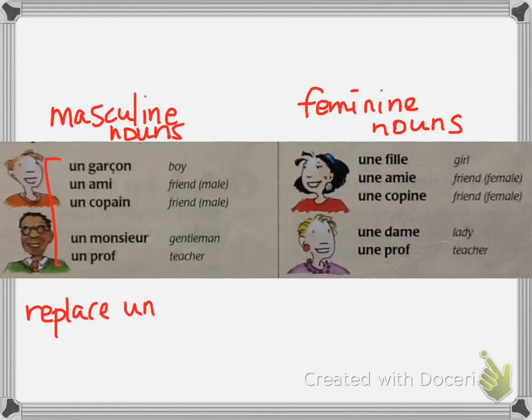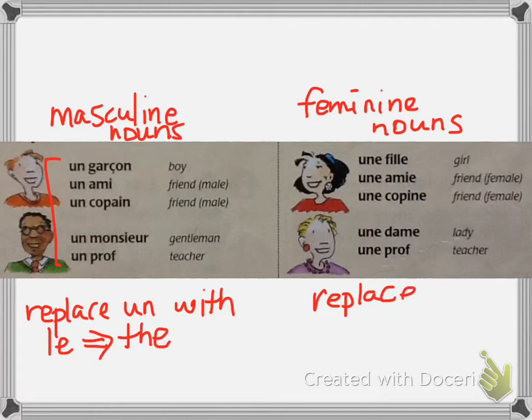If instead I want to say the, then I have to replace the un with le if I want to say the. So if I want to say the boy, it's going to be le garçon, l'ami, le copain, le monsieur, le prof. If I want to say the with a feminine noun, I'm going to replace the une with la to say the.